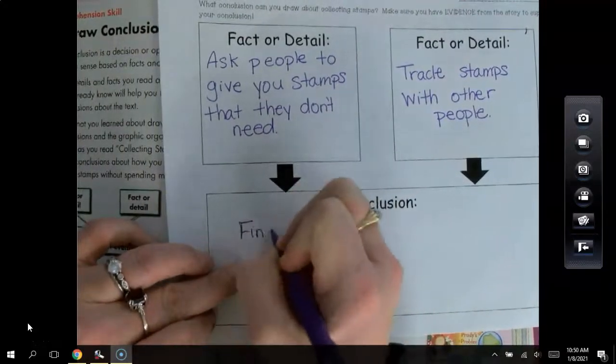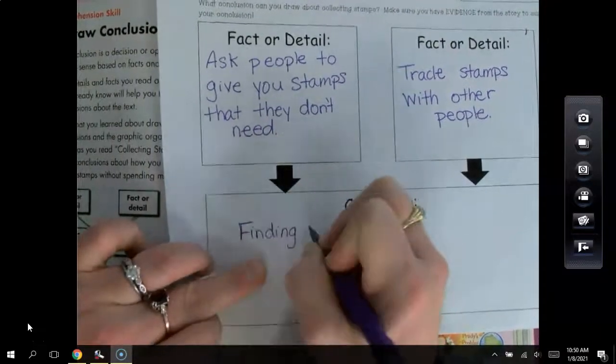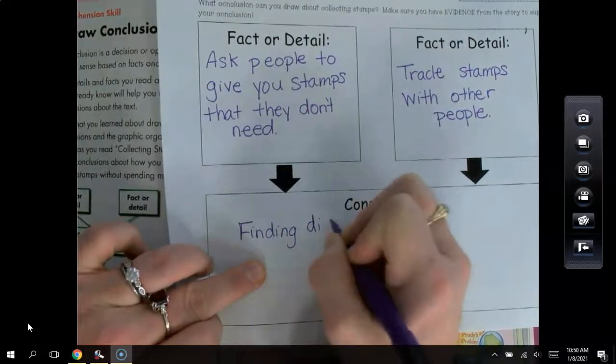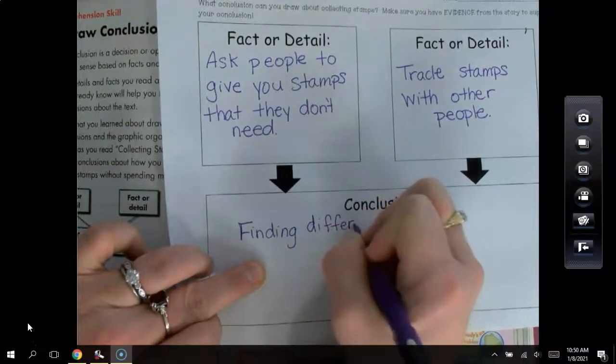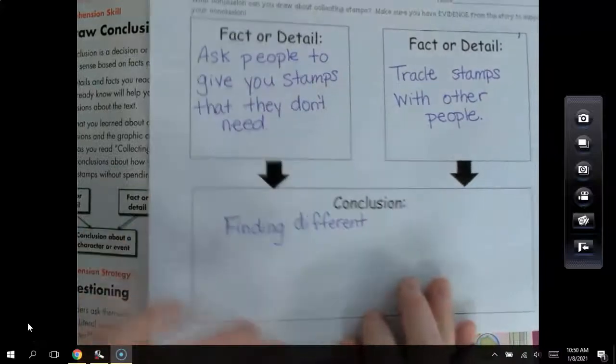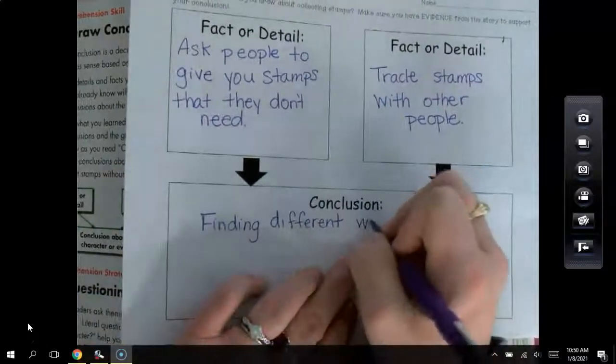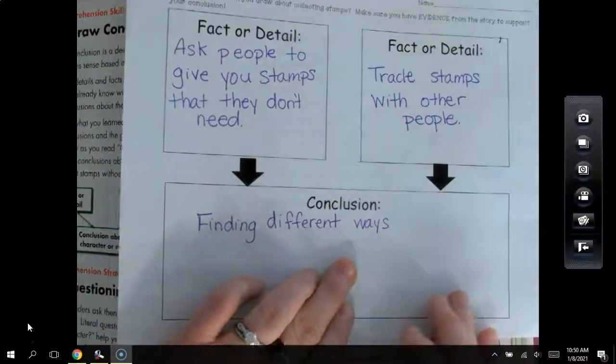So go ahead and write finding different ways, because that's what we need. We need to find different ways to get our stamp collection started.